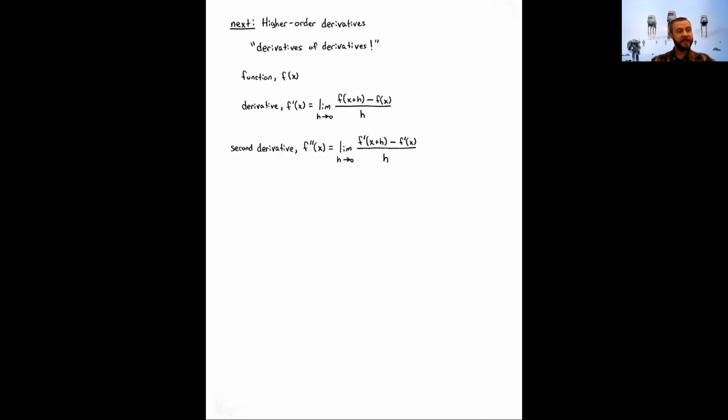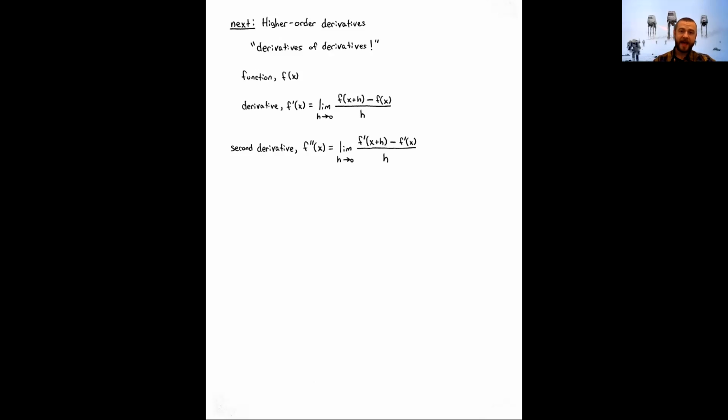Now this will get really tedious currently because we only have access to the limit definition. So let's say f is our function. We already have our limit definition for f prime. It's the limit as h goes to 0 of f of x plus h minus f of x divided by h. And we can reuse that.